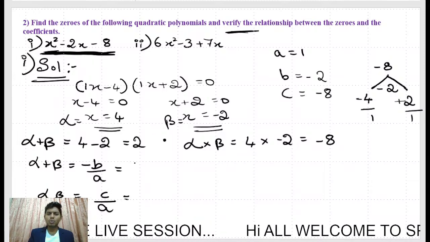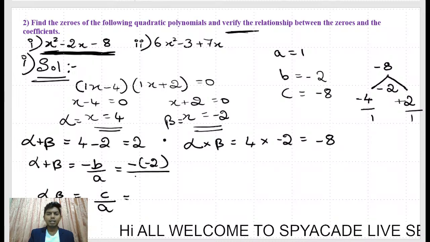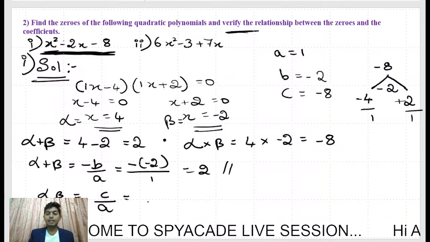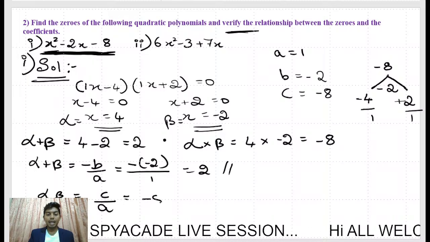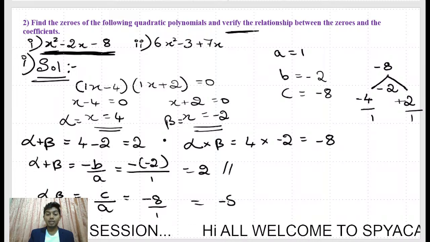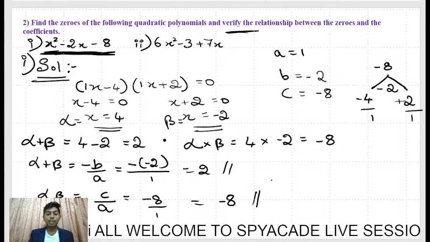Now you just substitute it here: minus of minus 2 divided by the a value, which is 1. So it's going to be 2. And then the c value minus 8 divided by 1, that is also minus 8. So now look into this.